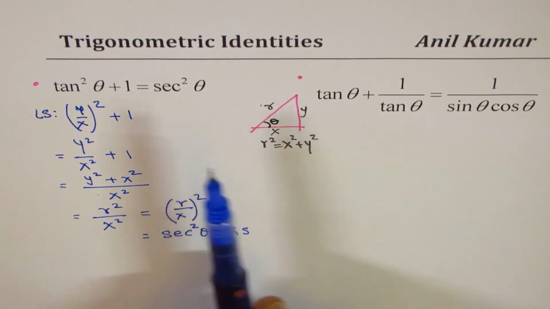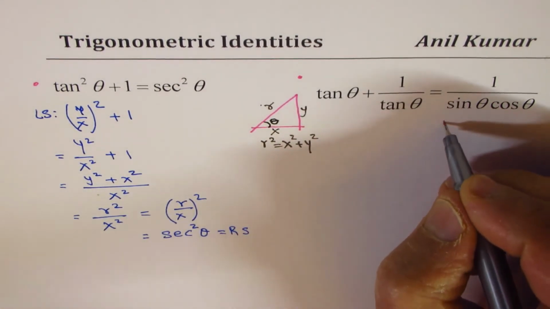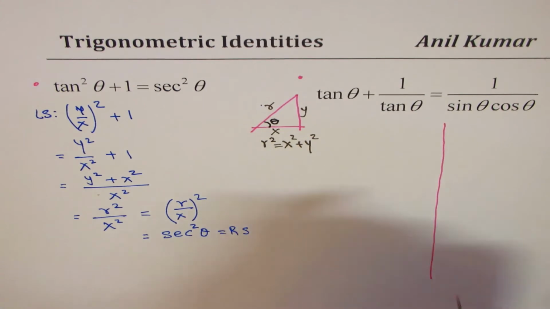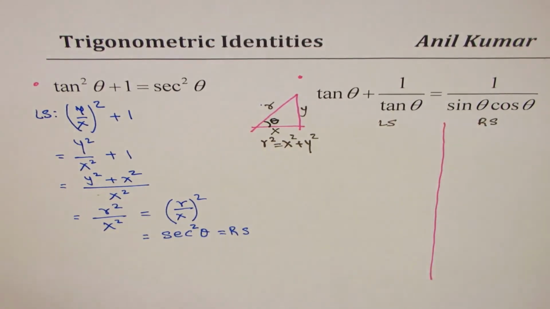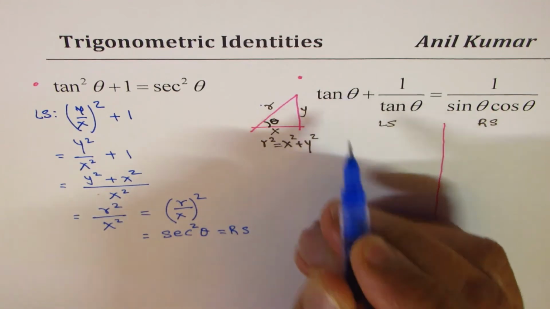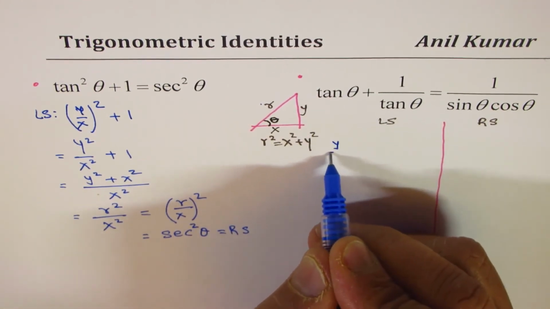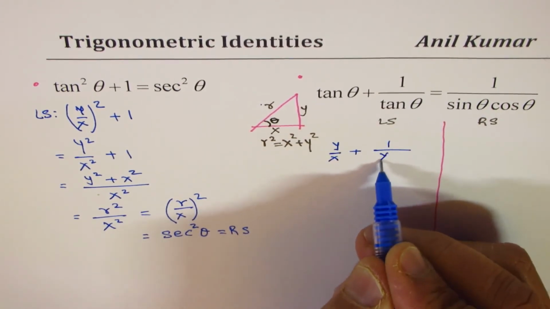Okay, so this is slightly more complicated. Now let's begin with both sides in this case. We'll try to simplify both of them here. So we'll write down what the left side is and what the right side is. Tan theta, as you know, is y over x. So for tan theta, I'll write y over x plus 1 over tan theta, which means 1 over y over x.